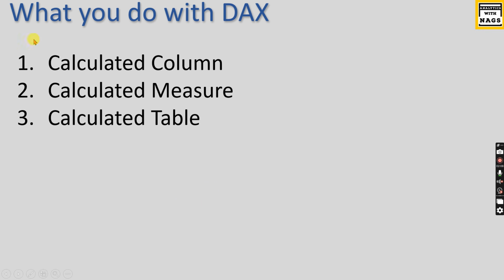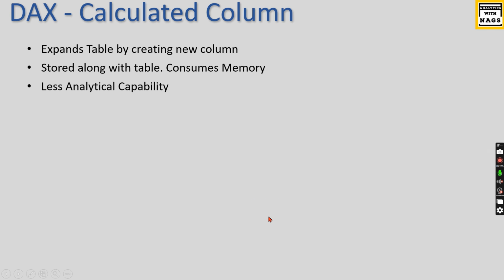Let's try to cover the other parts in this video itself, like calculated column and table. We already gave an introduction in the modeling section, but in this video we will try to expand a little bit on the topics. So first we'll start with where you can utilize DAX.